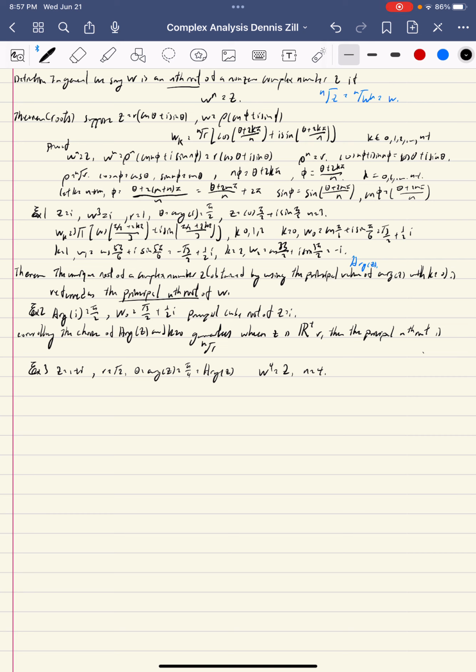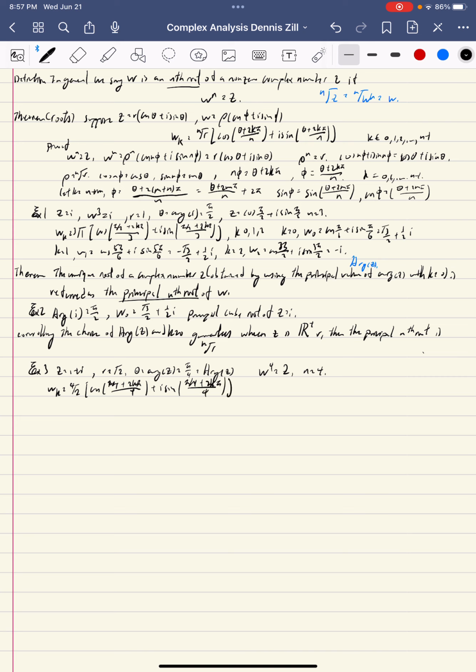Now if we write the formula, this is equal to the fourth root of 2, times cosine of pi over 4 plus 2k pi over 4, that's the n, plus i sine of pi over 4 plus 2k pi over 4.